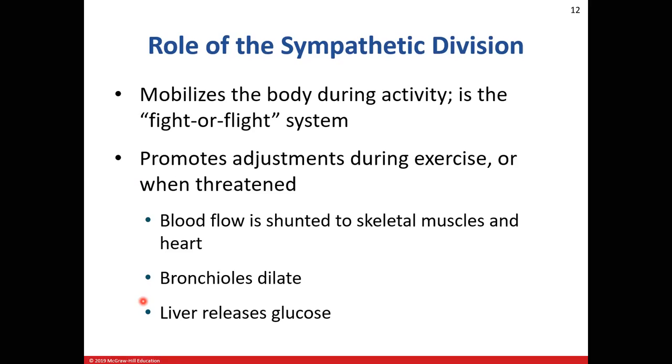Because we need more oxygen, the bronchioles are now going to dilate, so we get more oxygen into the lungs, and the liver releases more glucose into the bloodstream that we now see as being shunted more towards the skeletal muscle. You're also going to see an increase in adrenaline, which is going to cause a whole series of changes there as well.